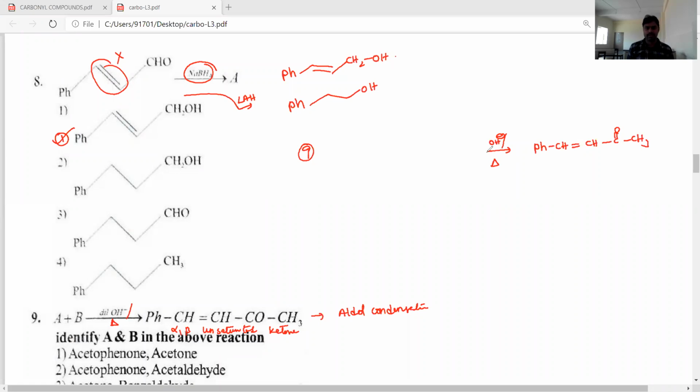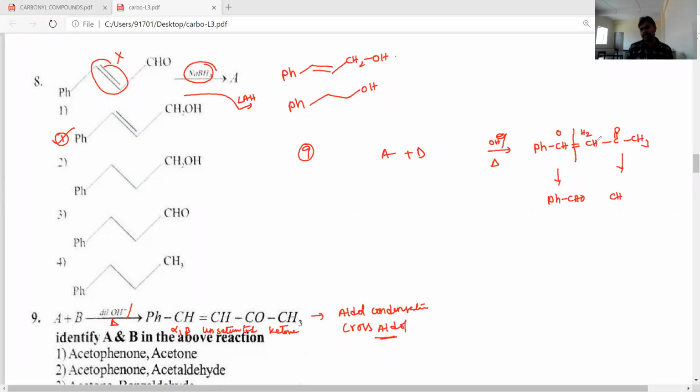So we want A plus B. Now break this double bond, and imagine that this is oxygen: cross aldol condensation. One product is PhCHO, benzaldehyde. The other product is CH3, with these two alpha hydrogen atoms and the oxygen. The carbonyl compound's oxygen we lost as water.